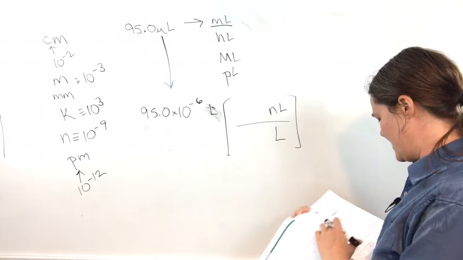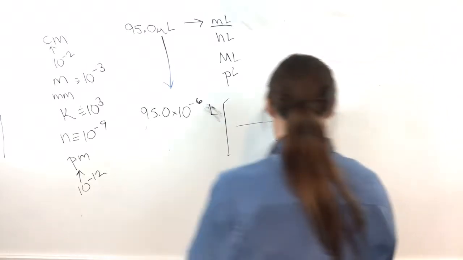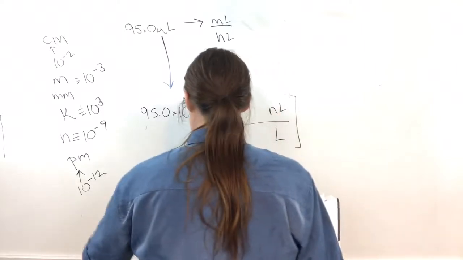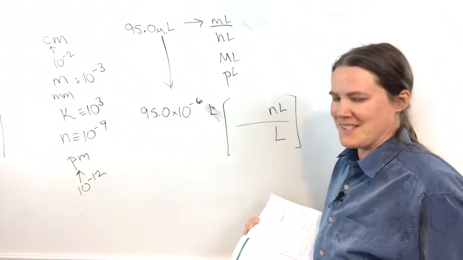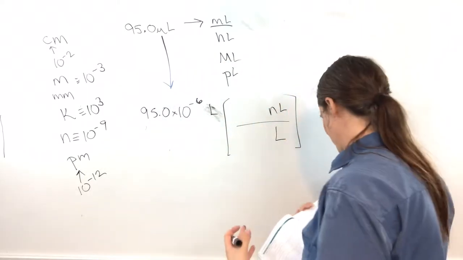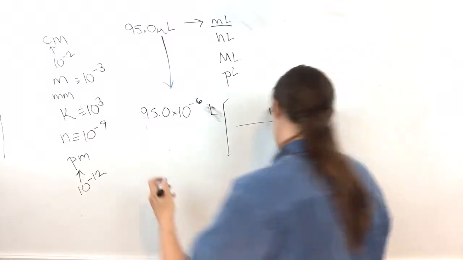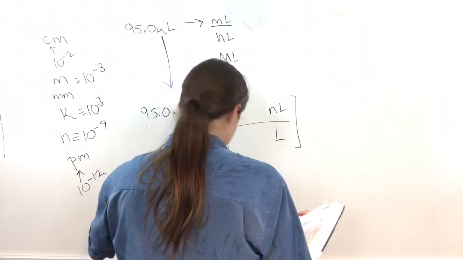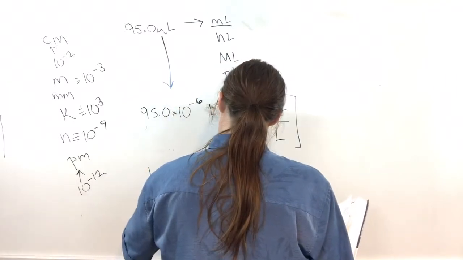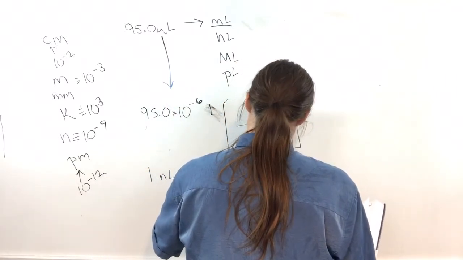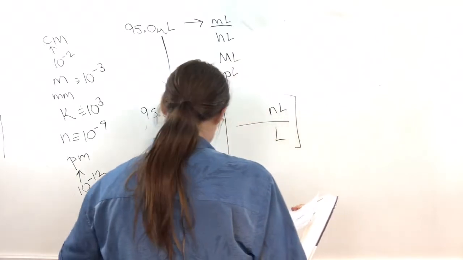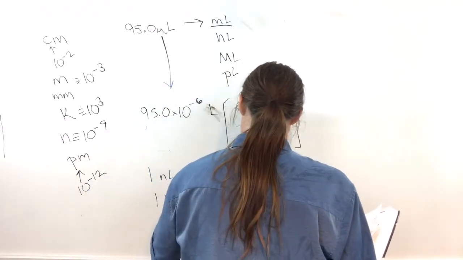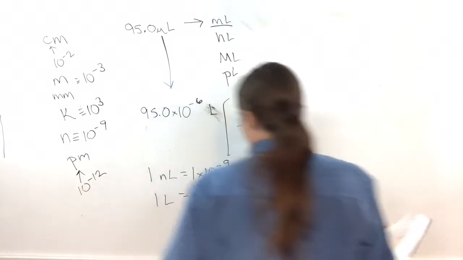for these two. Well, there's two possible conversion factors that I could use, and I want to show you both because I want you to realize that you can use either one and you'll get the same answer. So 1 nanoliter is equal to 1 times 10 to the minus 9 liter, and 1 liter is equal to 1 times 10 to the 9th nanoliter.